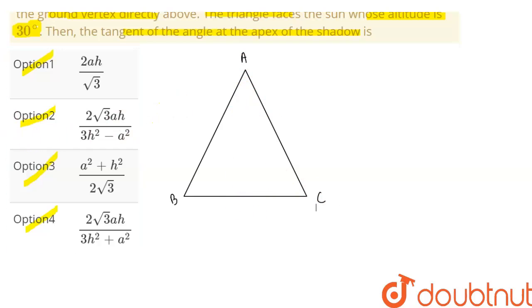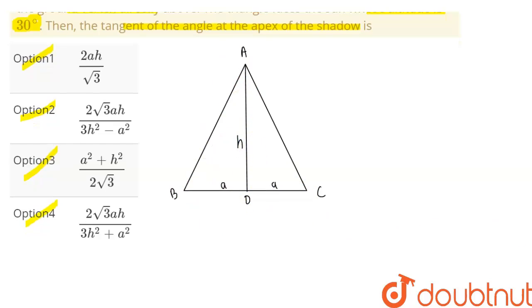Let us construct the height of this isosceles triangle, and let us say this point is D. Since the base BC is twice of a, this length would be a and this length would be a, and this height AD is given to us as h.